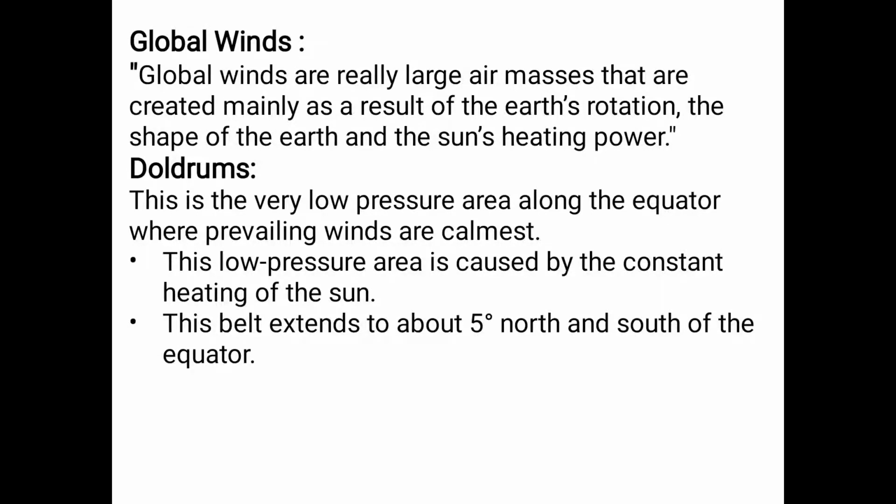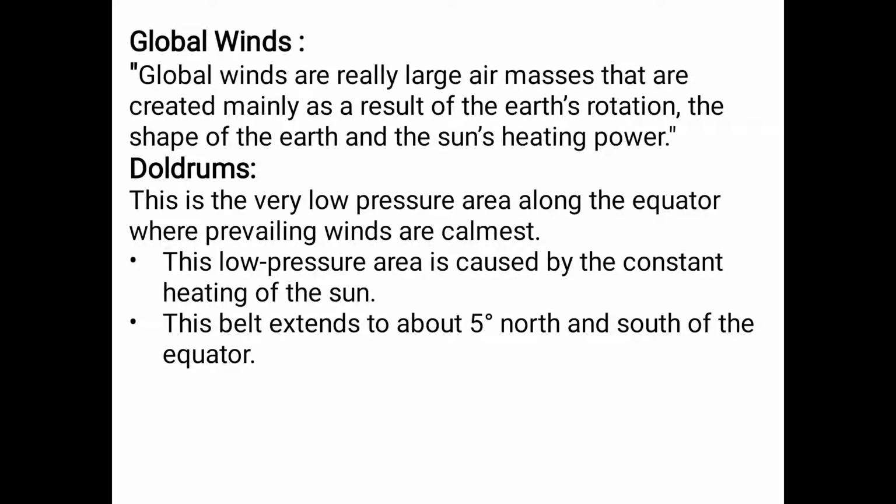Then the next important concept regarding wind is the doldrum. The doldrum is a very low pressure area along the equator where the prevailing winds are the calmest. This low pressure area is caused by the constant heating of the sun.